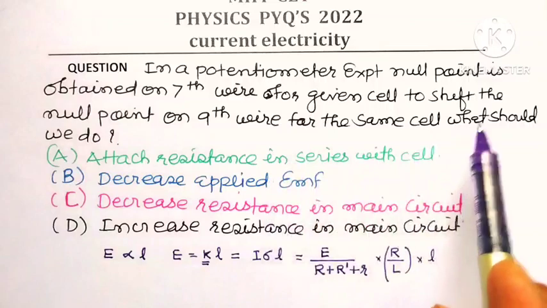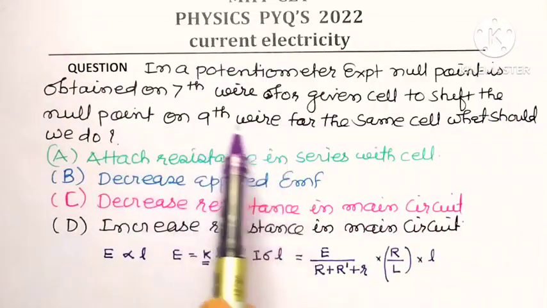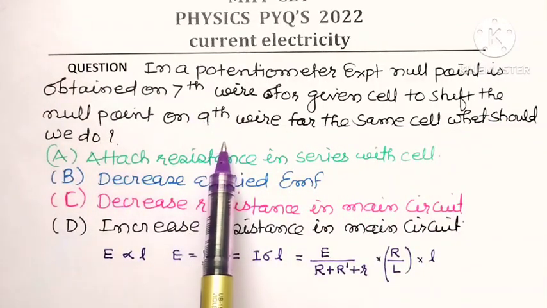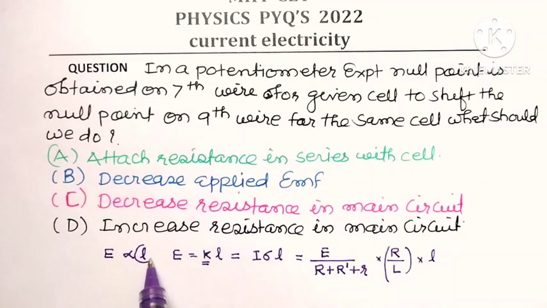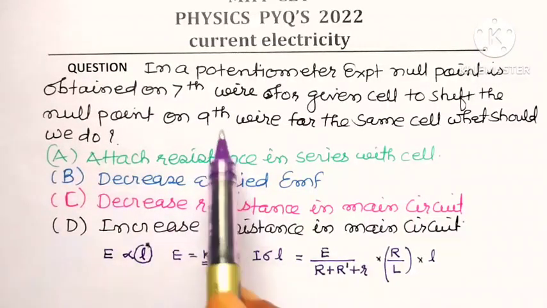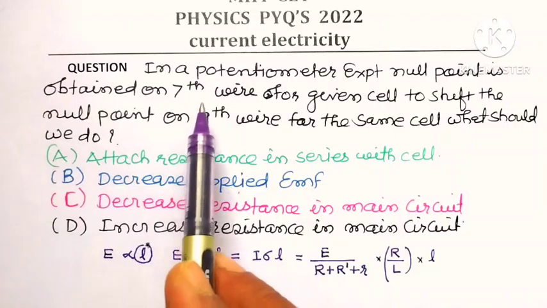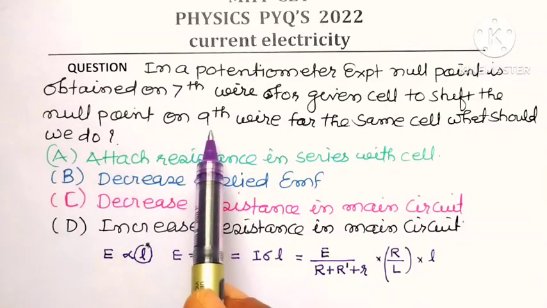Now here we want to shift the null point from the 7th wire to the 9th wire. It means the initial balancing length for the given cell is somewhere between 600 and 700, and we want to shift that null point from the 7th wire to the 9th wire.